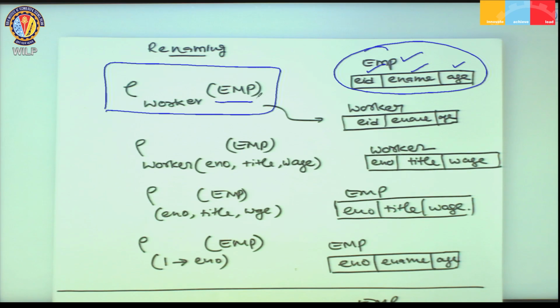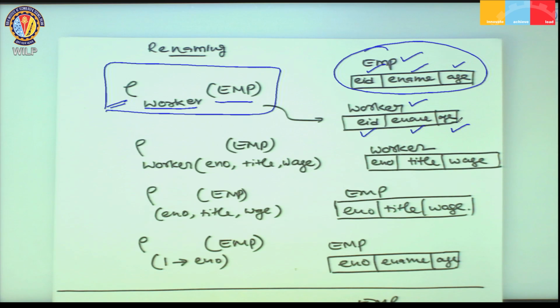EMP is the original relation, and here I am using the rho symbol, and then worker. That means I am not modifying the names of the attributes, I am just changing the name of the relation. The result is going to be like this. The name is now worker and the attribute names are the same, employee ID, employee name and age.